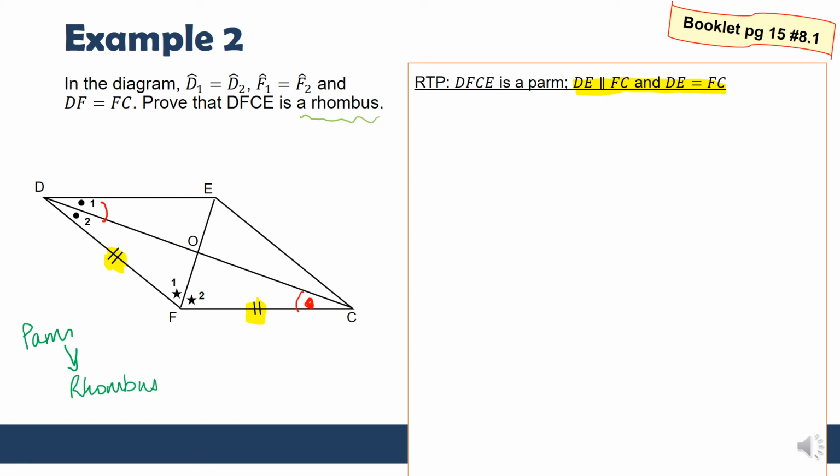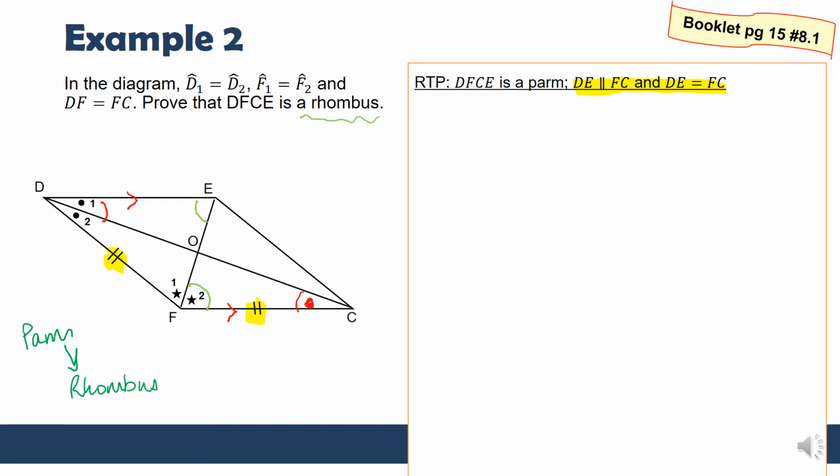Hopefully you see the Z shape there, so I can conclude that DE is parallel to FC. And suddenly that gives rise to another alternate angles. DEF is alternate to F2 because I now have parallel lines.